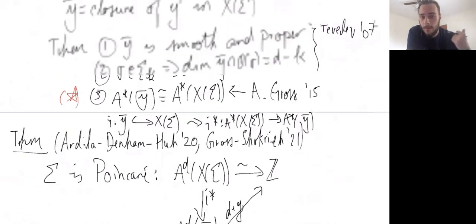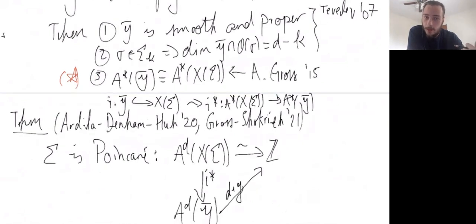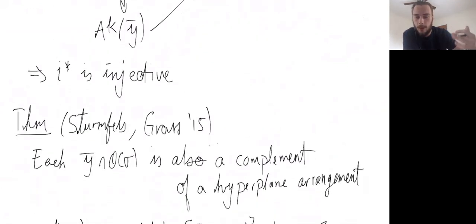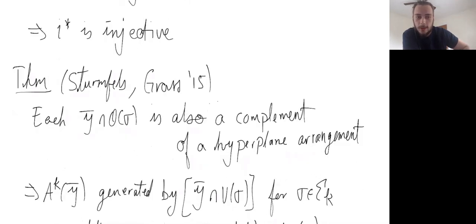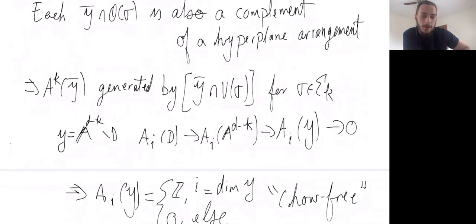So the point is, one, this fan is Poincare, which ensures that we have an injective pullback map, and two, these strata also look like complements of hyperplane arrangements, which implies that we have a surjective pullback map. So that's what the situation is for compactifications of complements of hyperplane arrangements.